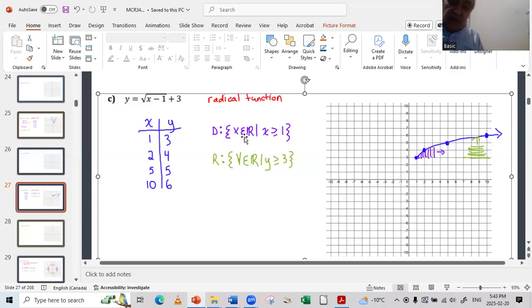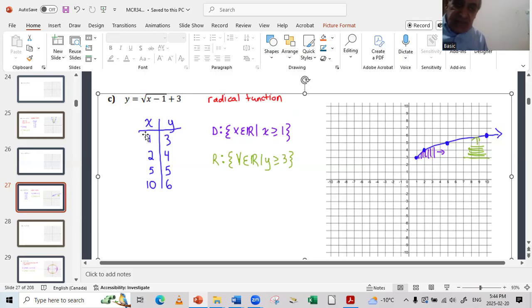But with a condition, this vertical line means with a condition that x is greater than 1. And when I come to see here, x goes horizontal like this. X does not start from the 0 point. No, x starts from 1. This is point 1. X starts from 1.